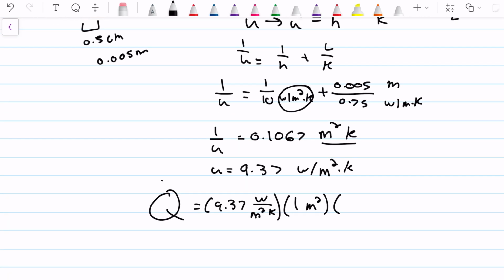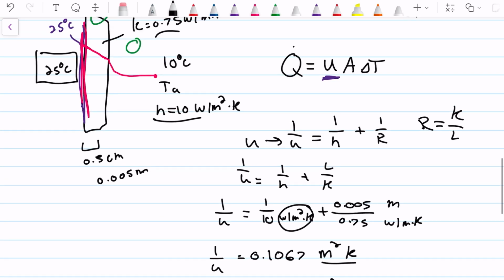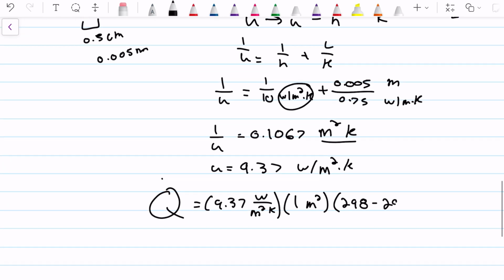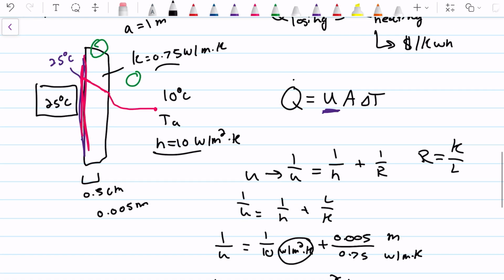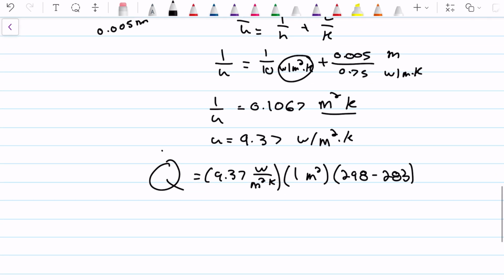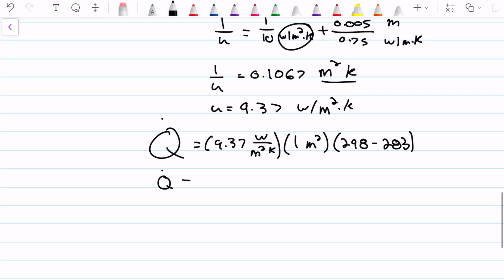So 25 degrees Celsius plus 273, we'll call it 298. And then 10 degrees Celsius is going to be 283. And so I just use this equation. Our total heat loss is going to be 9.37 times 1 times 298 minus 283.